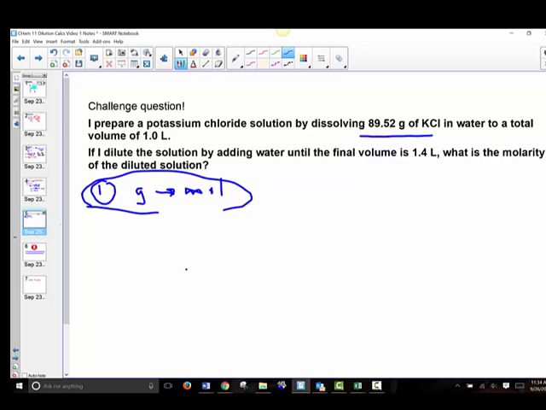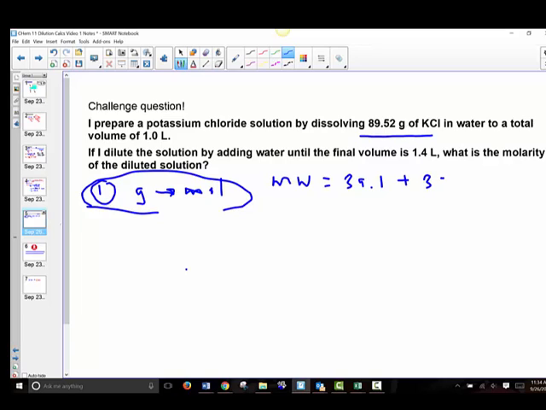So we go ahead and do that, and potassium has a mass of 39.1 grams per mole. So we're looking at the molecular weight, or the molar mass. 39.1 is the mass of potassium, and chlorine has a mass of 35.5.